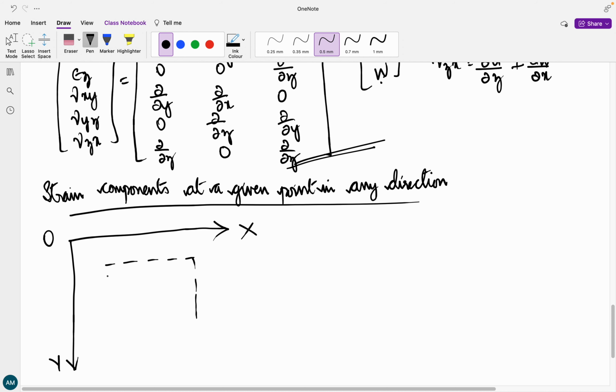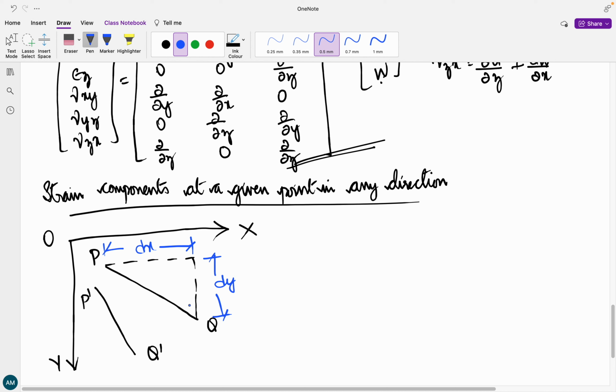So let me consider a line PQ. So it gets displaced to P dash, Q dash. Let the distance be dx along x direction, dy along y direction, and let the length be PQ.